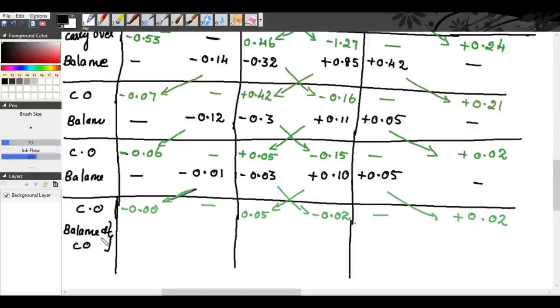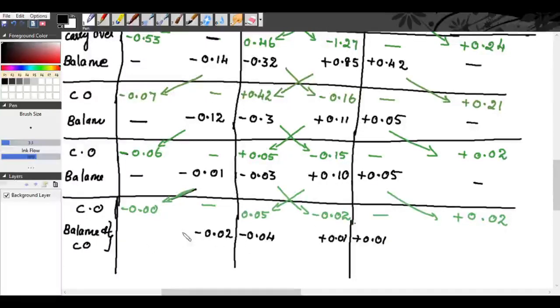Now I will go for balance and carryover. So as usual, balance 0.05 multiplied by 5 by 17, we get plus 0.02. So it is minus 0.02. And here it will be minus 0.04. At C, the values are plus 0.01 and plus 0.01. So balancing is over.